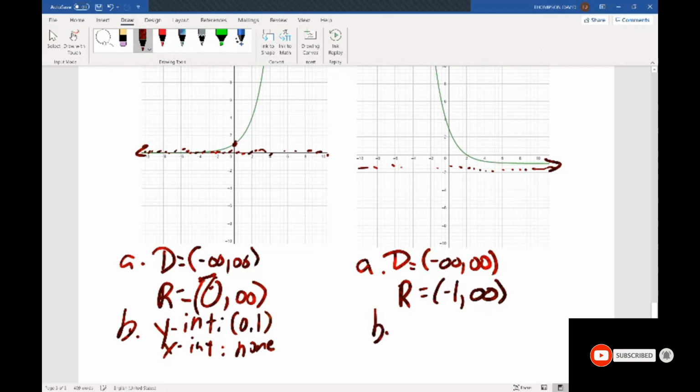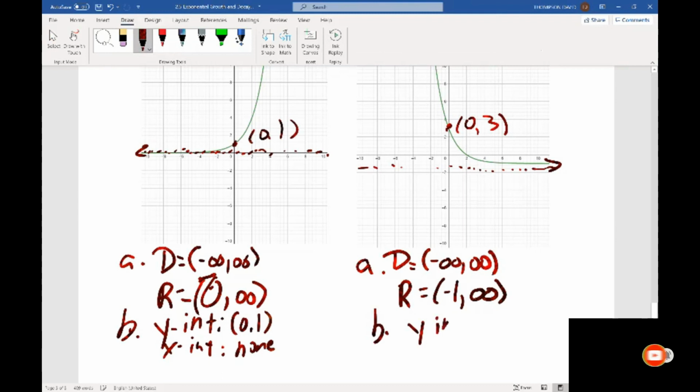For the right one, the y-intercept looks like it's going to be at (0, 3), and the x-intercept looks like it's at (2, 0).